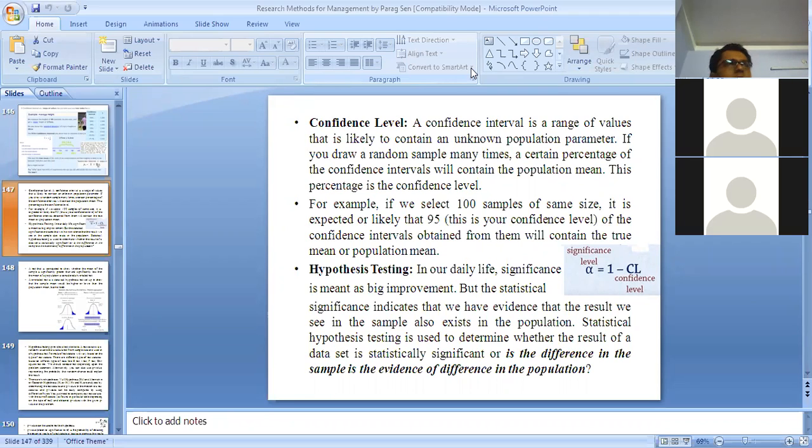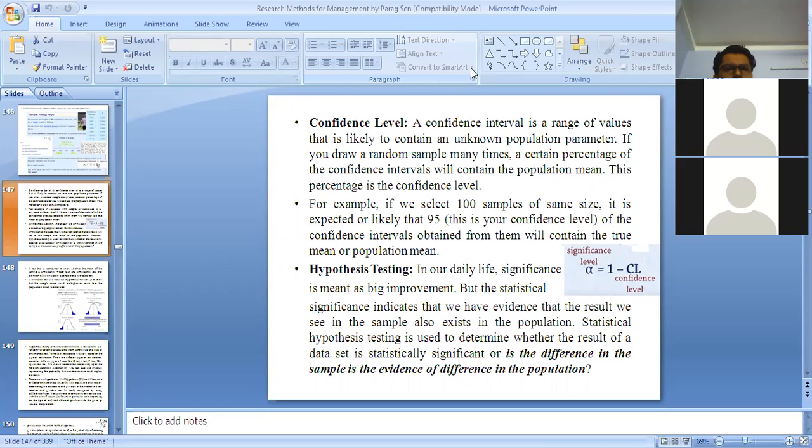Based on that test statistic you will have some chart or table. Suppose you are calculating the Z statistic, then you will have a Z statistic table, and based on that table you can decide whether you can reject your null hypothesis or cannot reject it.